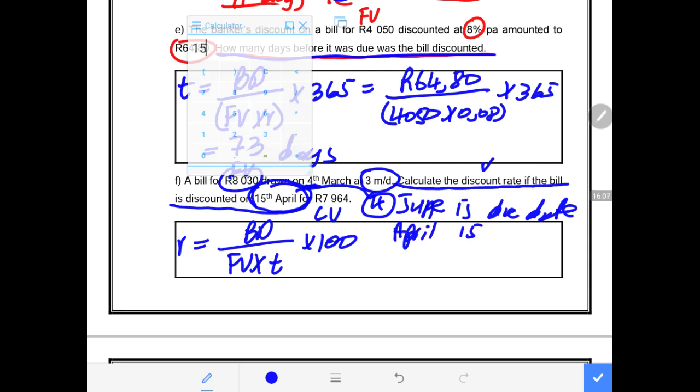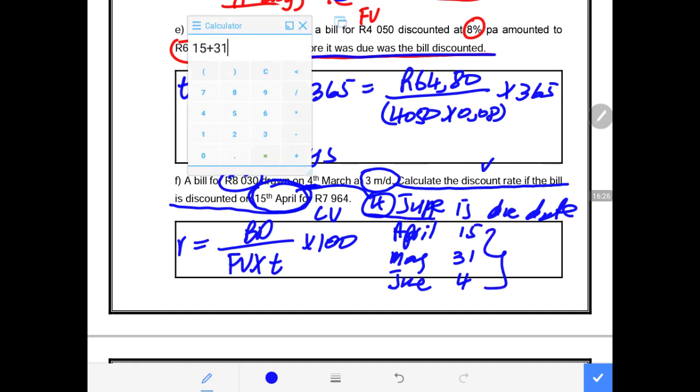January, February, March, April. Yes, April has 30 days. Then we go to the month of May. May has 31 days. June we only need 4 days because the due date of the bill is the 4th of June. So now we're calculating the unexpired period: 15 plus 31 plus 4 days.